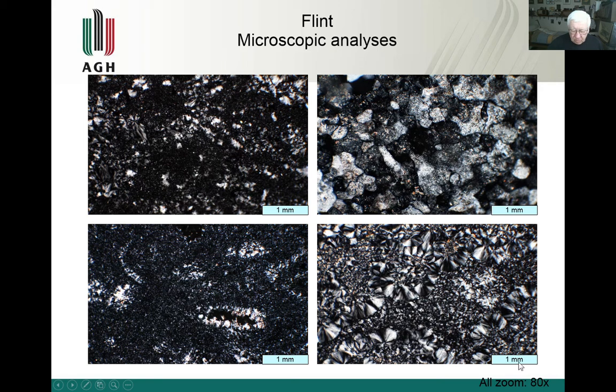And this is a very beautiful example of the organic structure of flint, preserved relics of tissue of sponge, recrystallized to chalcedony, a special kind of chalcedony which crystallizes in this form.